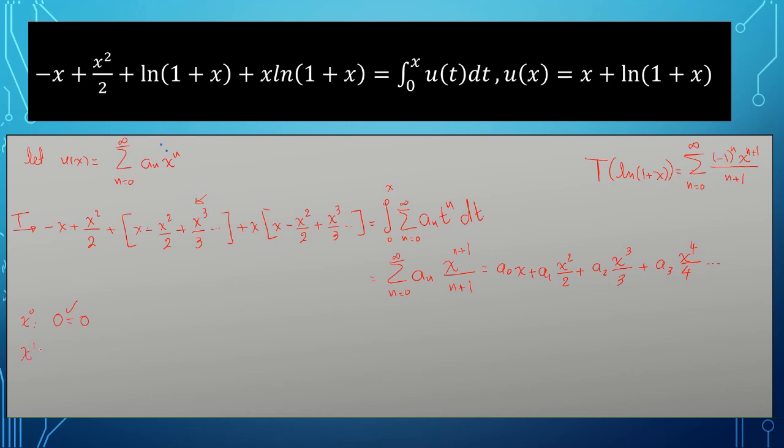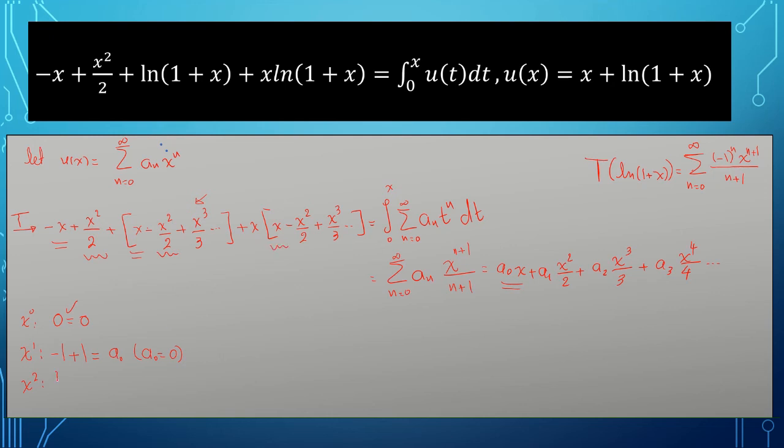For x raised to 1, we have minus x, so minus 1. We write just the coefficients. And we have here x, so plus 1. And on the other side, we have a_0 multiplied by x, and this is equal to a_0. So we have a_0 equal to 0. For x^2, we have half and minus half and 1.